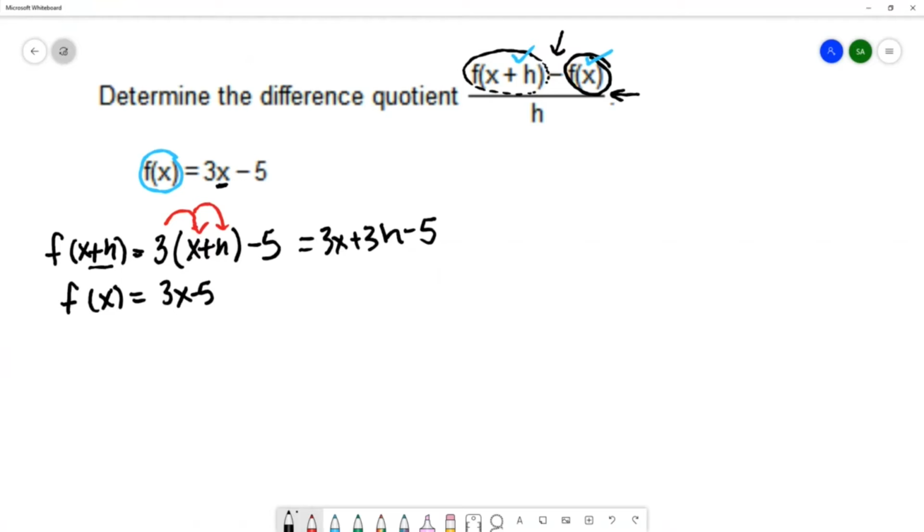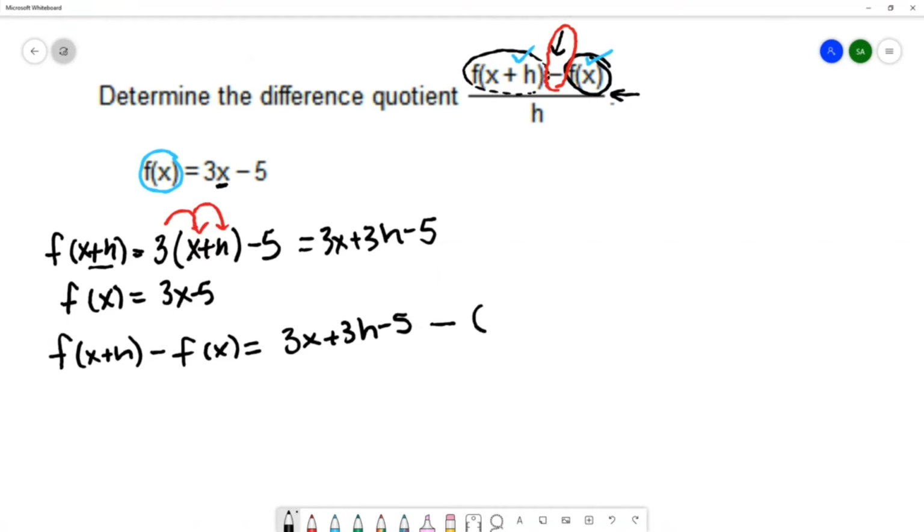So then we're going to perform this subtraction. So we want to do f of x plus h minus f of x. We've already figured out f of x plus h to be 3x plus 3h minus 5. And we want to subtract f of x, and f of x is 3x minus 5.